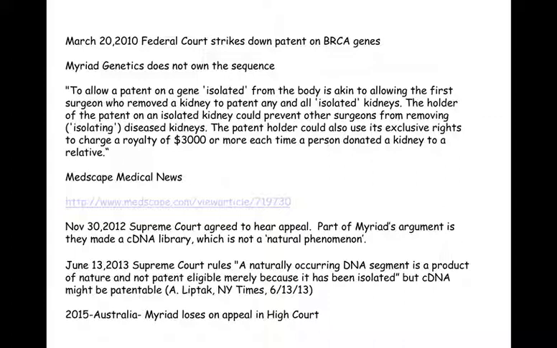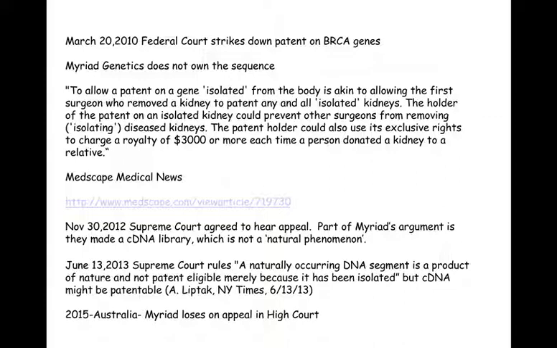You use primers that flank this region of the BRCA gene, and you sequence that. It doesn't cost $3,000 to do that. The sequencing only costs less than $5, and if you add in all the other stuff, you could definitely do it for less than $50, even with shipping and all that sort of stuff.